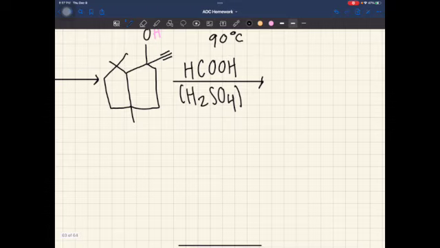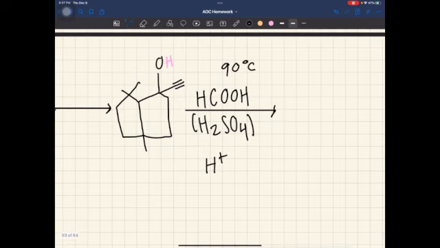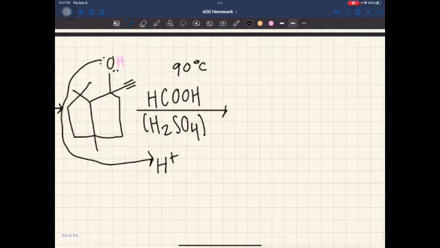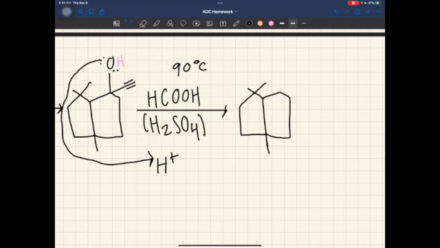So since this is an acidic solution, I'm just going to write that we have a lot of H's in here. So what the alcohol is going to do, the oxygen specifically, is going to pick up an H that's in the environment, and it's going to produce water. So the addition of the H to the alcohol creates water.